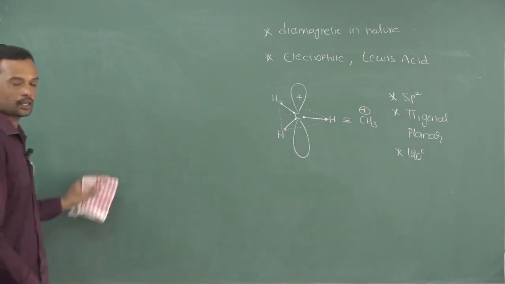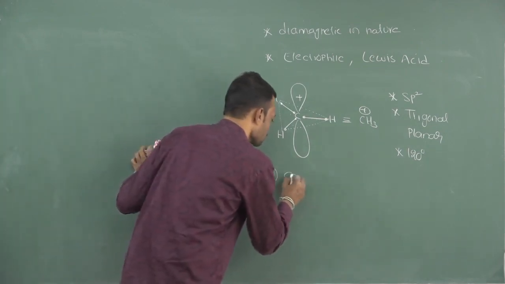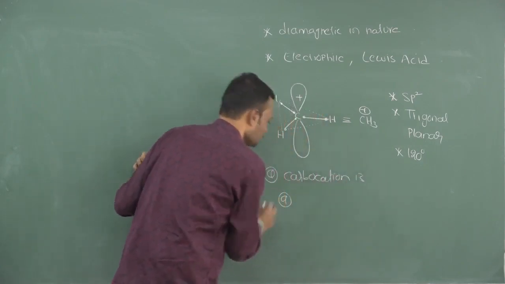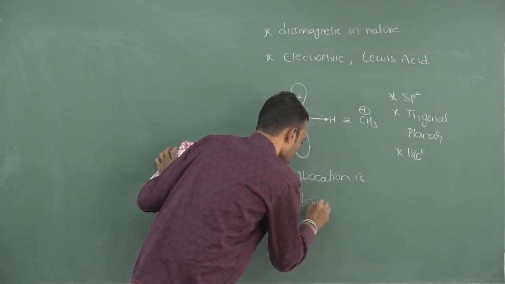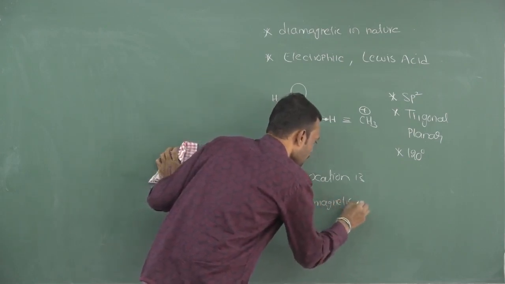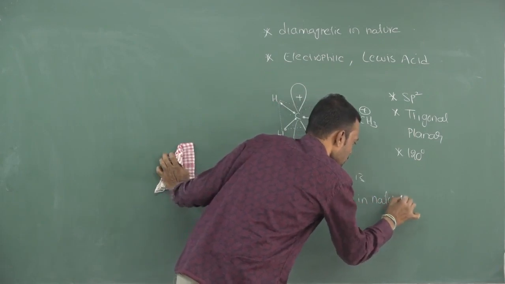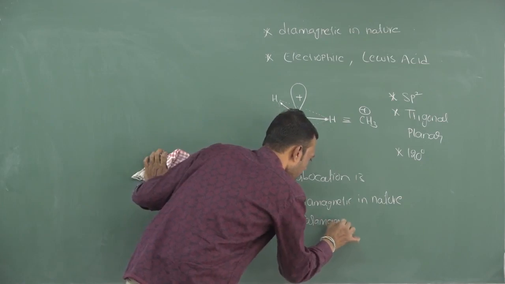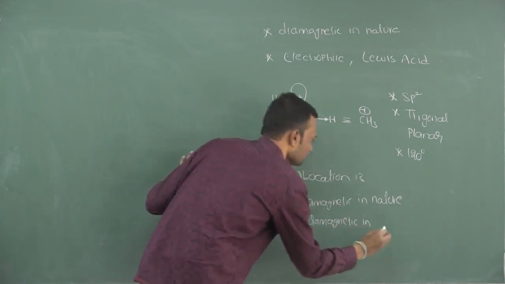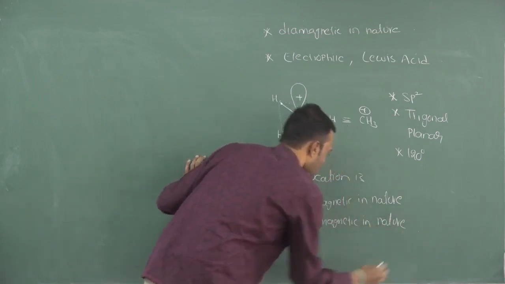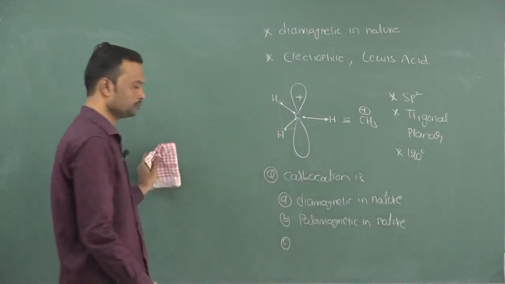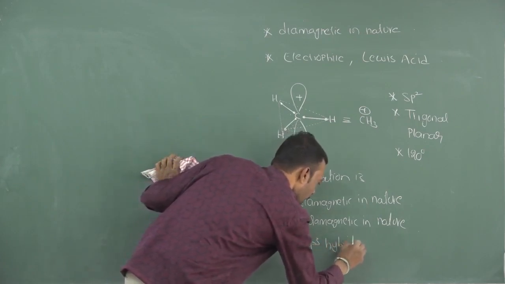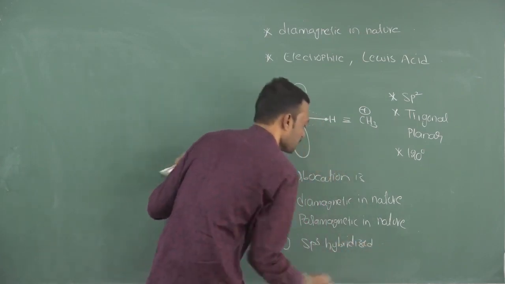Sometimes they will ask a direct, straightforward question. They will give a question like this: a carbocation is, option A, diamagnetic in nature; option B, paramagnetic in nature; option C; and option D, sp3 hybridized skeleton.